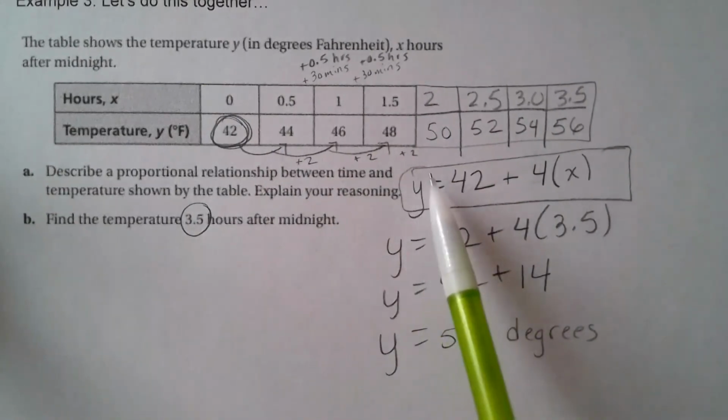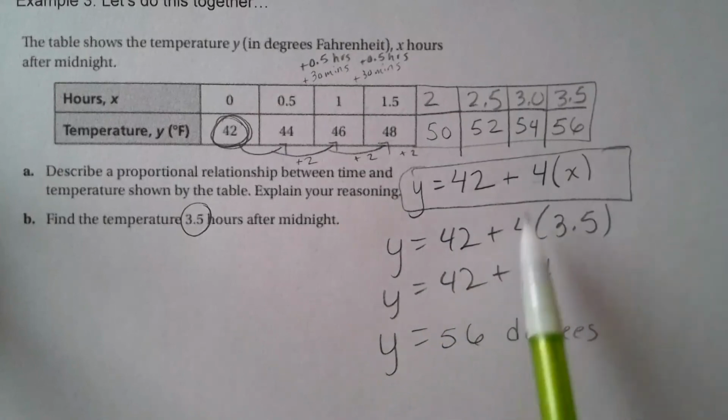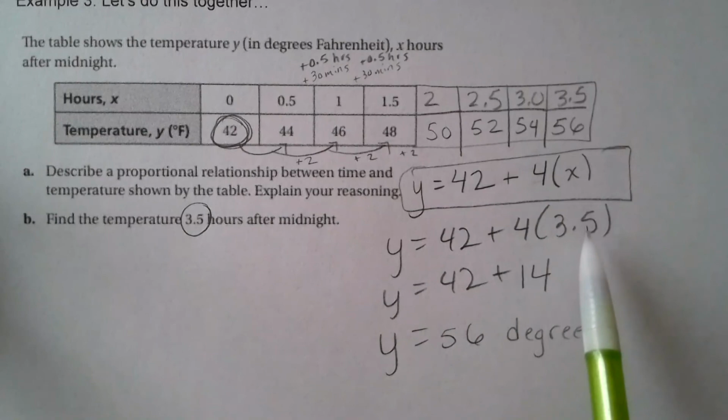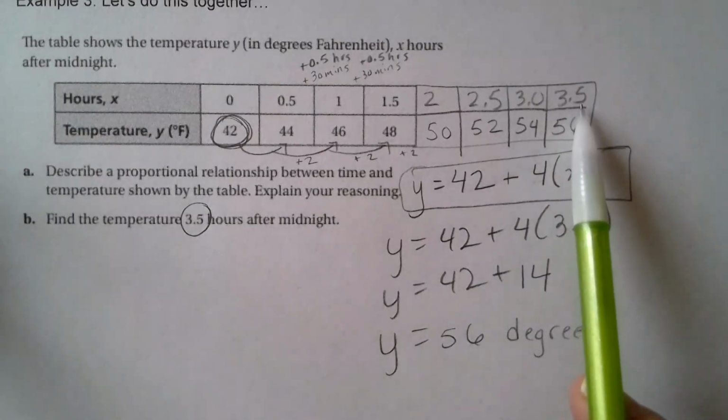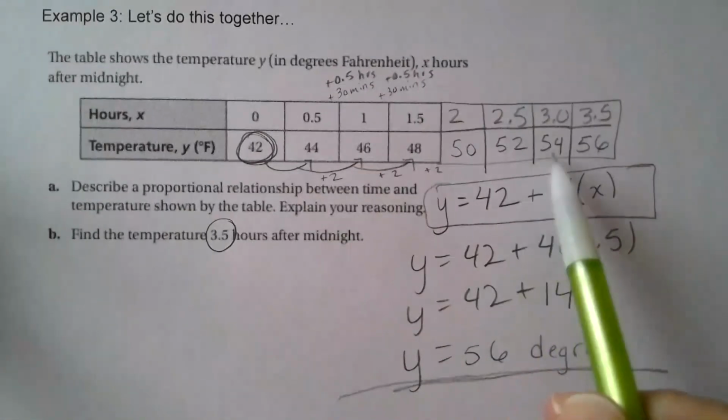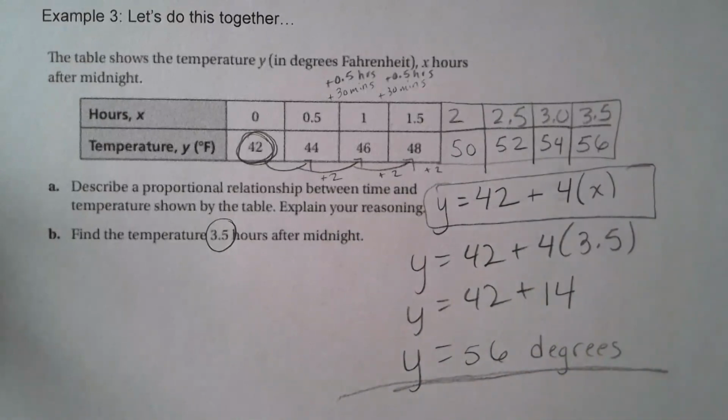The change in temperature here. So plugging in what we know and using X as 3.5 hours after midnight, we get 56 degrees. And then we also tested it just by expanding the table.